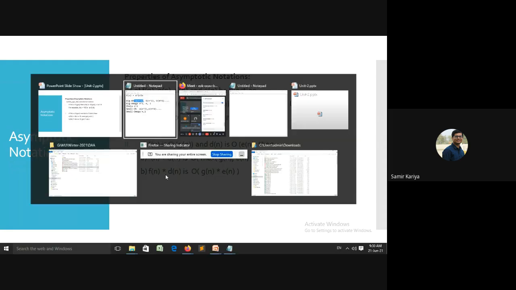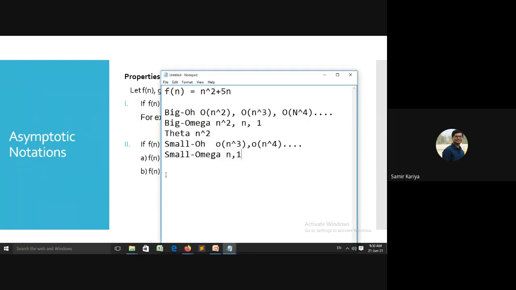For multiplication, I just simply can say that f of n is equal to 5 into n into n. So we just simply write the answer order of n square. That's a multiplication. If it is summation, then you just simply consider the maximum of that. And if it is multiplication, then apply the multiplication.